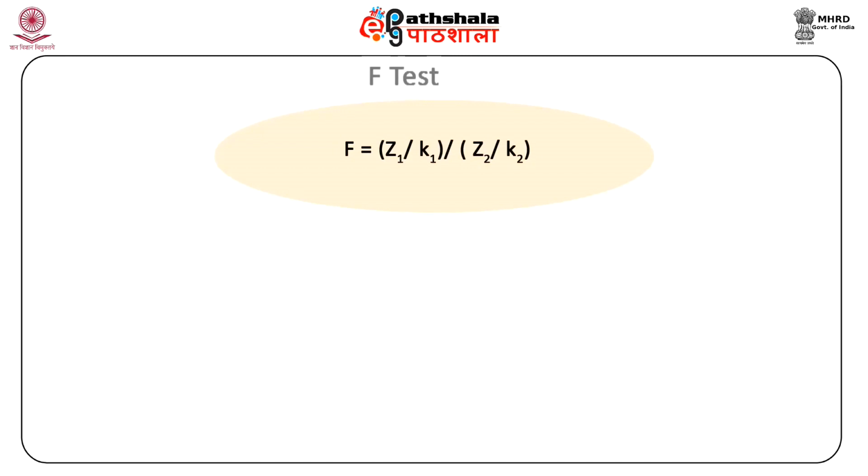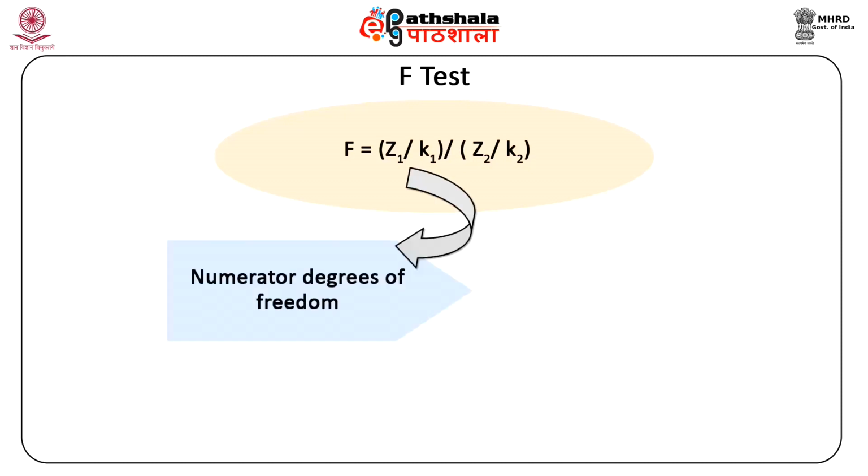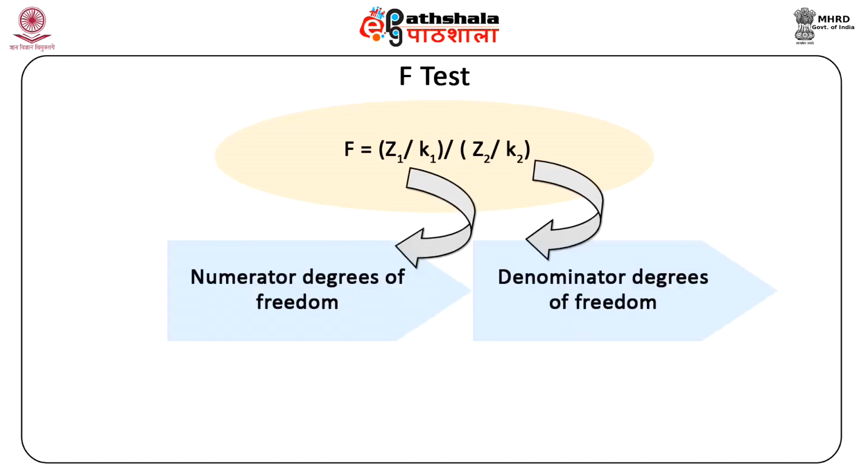F is said to follow the F distribution with k1 and k2 degrees of freedom. K1 is the numerator degrees of freedom, k2 is the denominator degrees of freedom. K1 and k2 are positive integers.